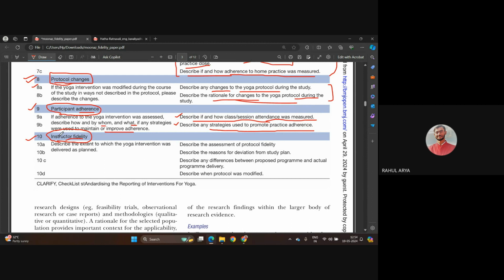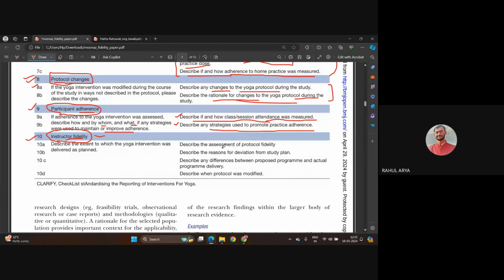Here the complete checklist is the complete fidelity, but here particularly it is instructor fidelity. About the teacher, is he regular, was he coming late, or was he changing the time every day? It will also affect.